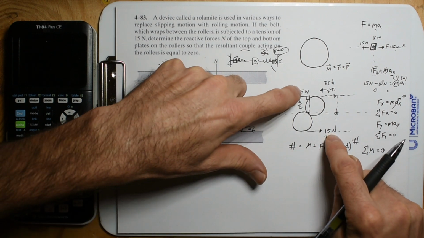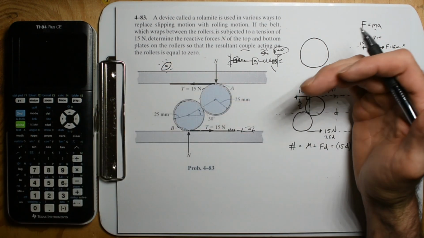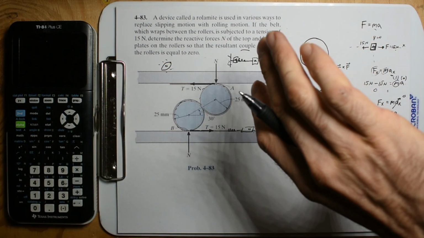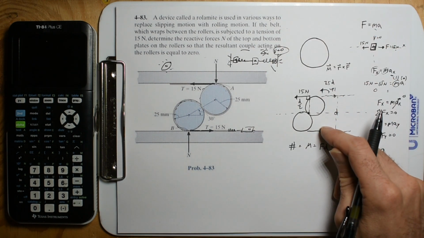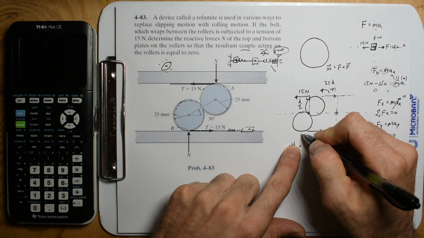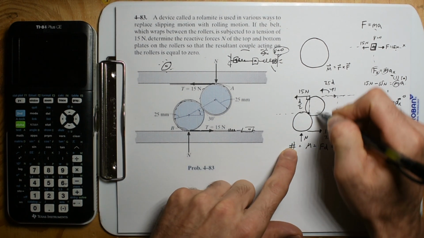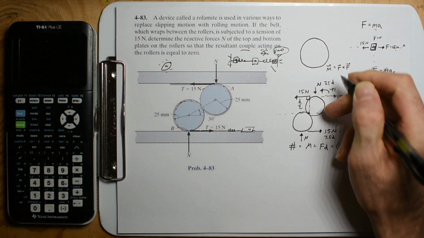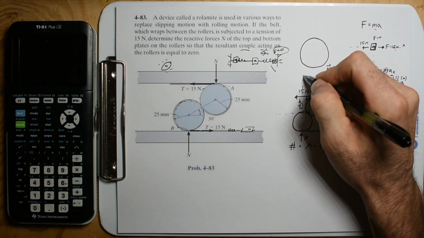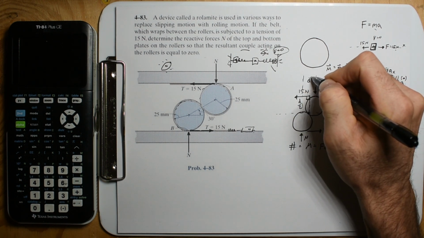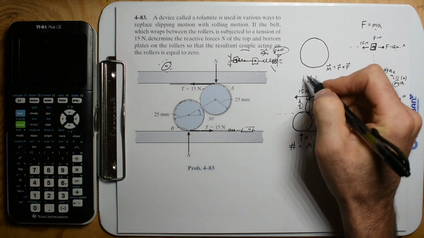So if we identify two forces that cause a rotation this way, we need to identify forces that cause rotation the other direction. And we see that those are going to be this normal force there and this normal force here. And then their distance apart, let's say it's just d prime or whatever.